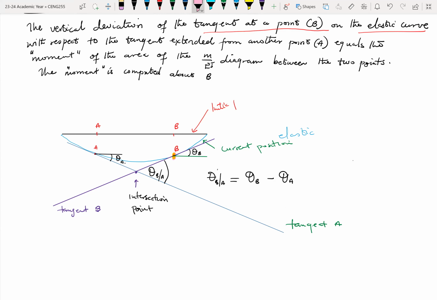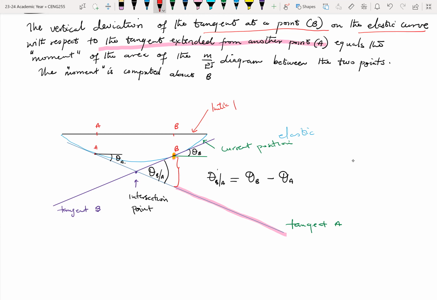So that deviation is coming from a tangent extended from another point. We have this tangent here, tangent A, which is extended from point A. That vertical deviation then becomes this distance over here.